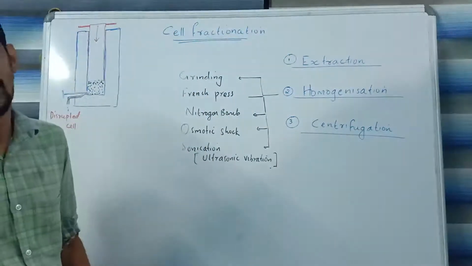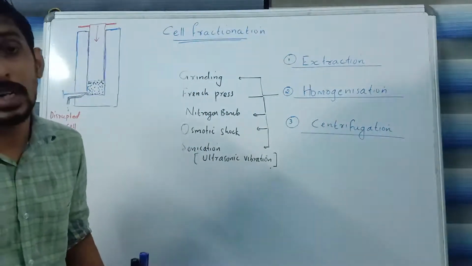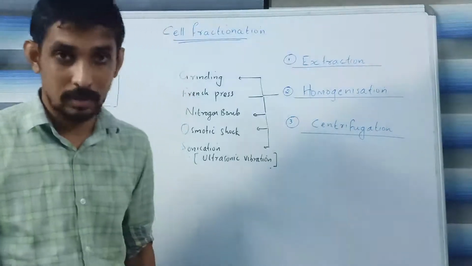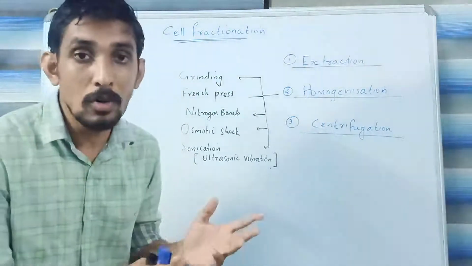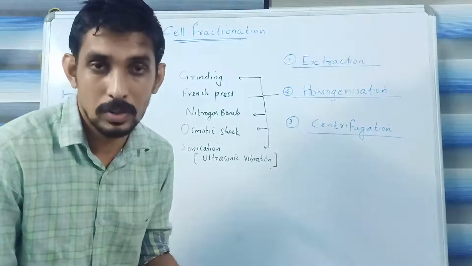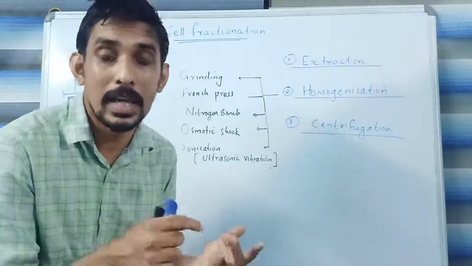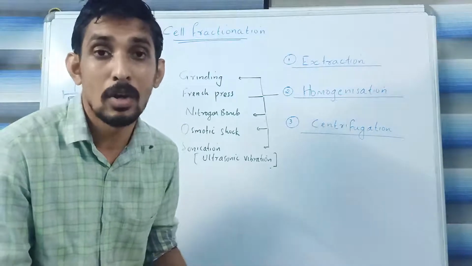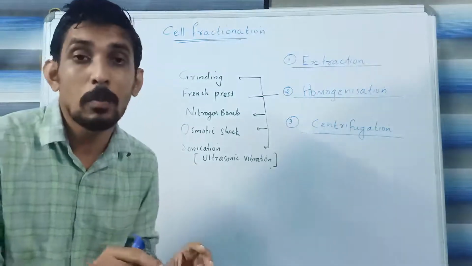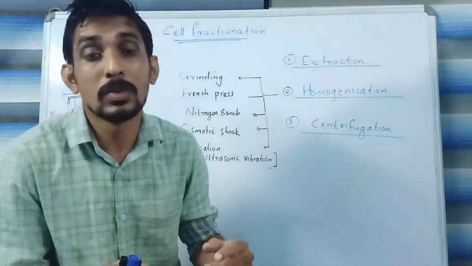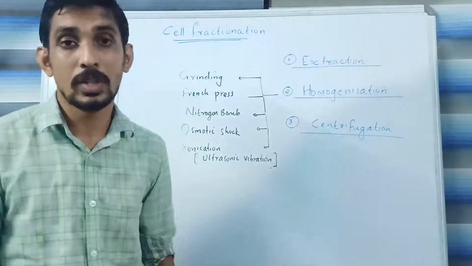So, in simple terms, it is a collection of procedures consisting of the extraction of cells or tissues, followed by destroying the cell wall and cell membrane of those cells to make the cytoplasmic solution into a homogeneous solution.